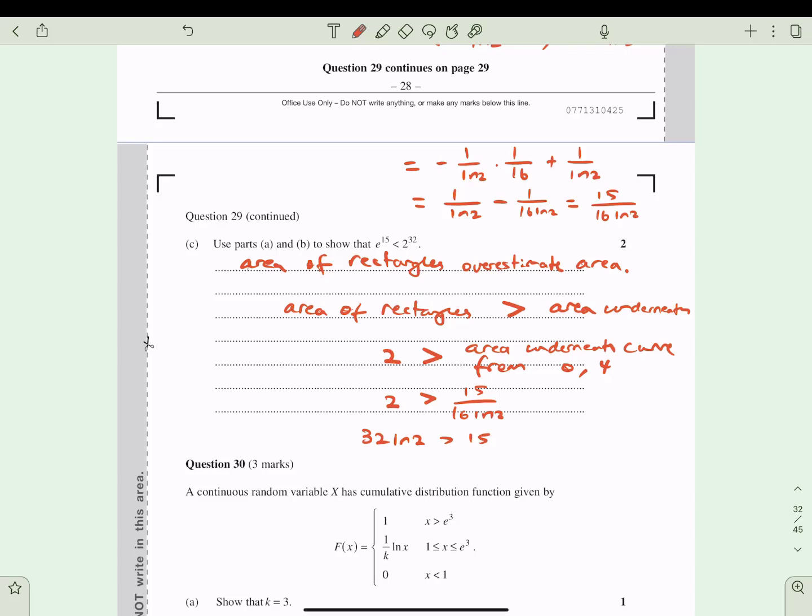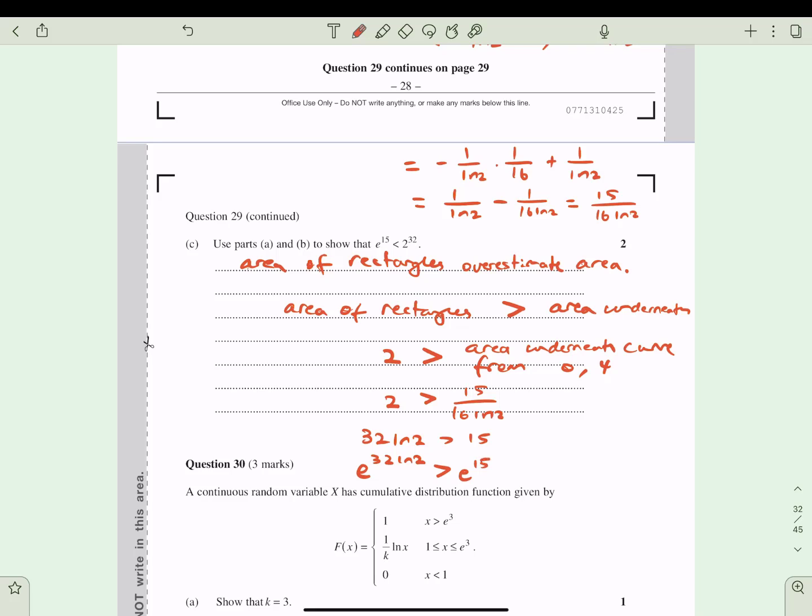So 15 is less than 32 ln2. So if we make both sides the power of e, let's write that again, e to the power of 32 ln2 is larger than e to the power of 15.